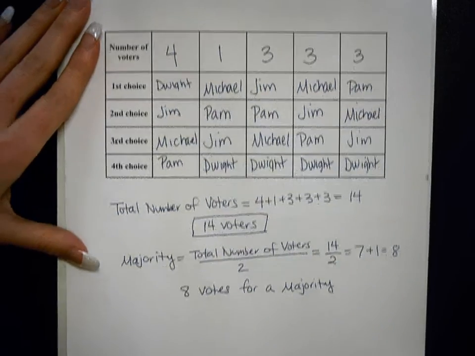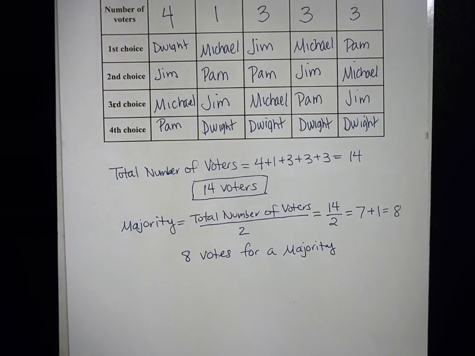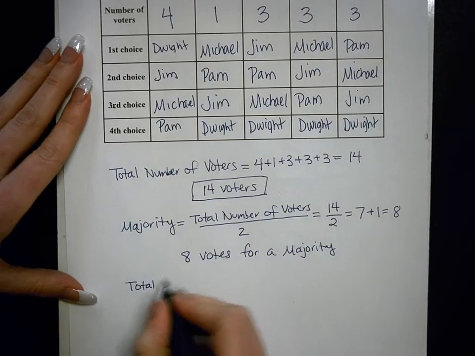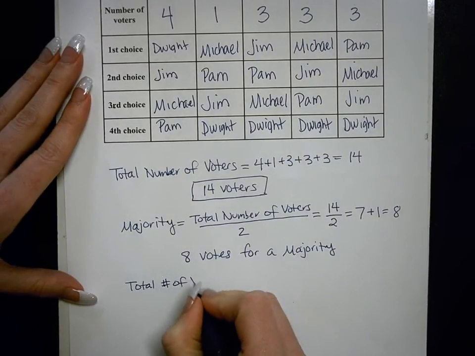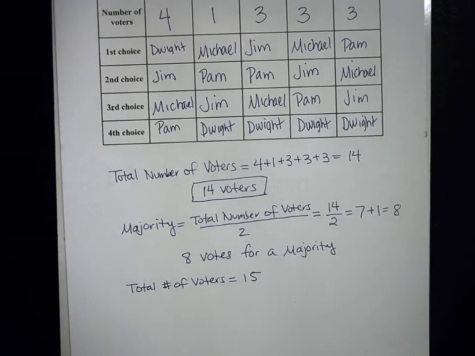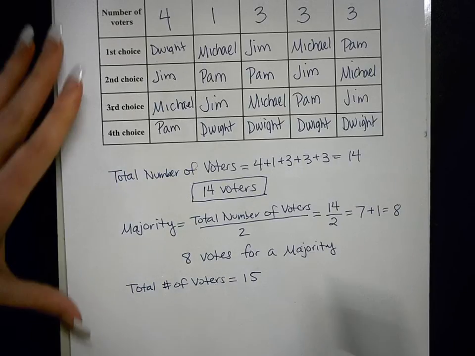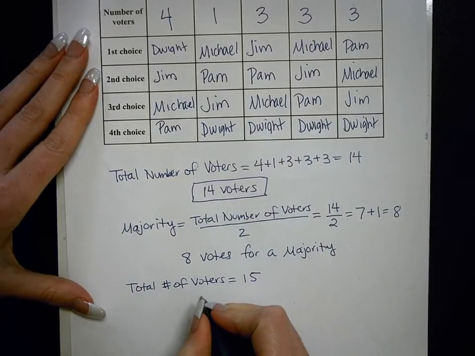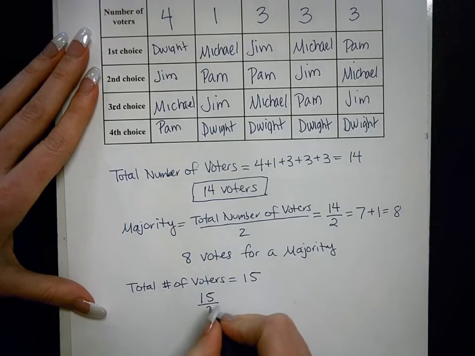Now let's say I had a different example, and I'm just going to make one up. Instead of 14, let's imagine the total number of voters equaled 15, and I needed to find out how many votes I needed for a majority. Well, I take the total number of voters, which is 15, and divide that by 2.